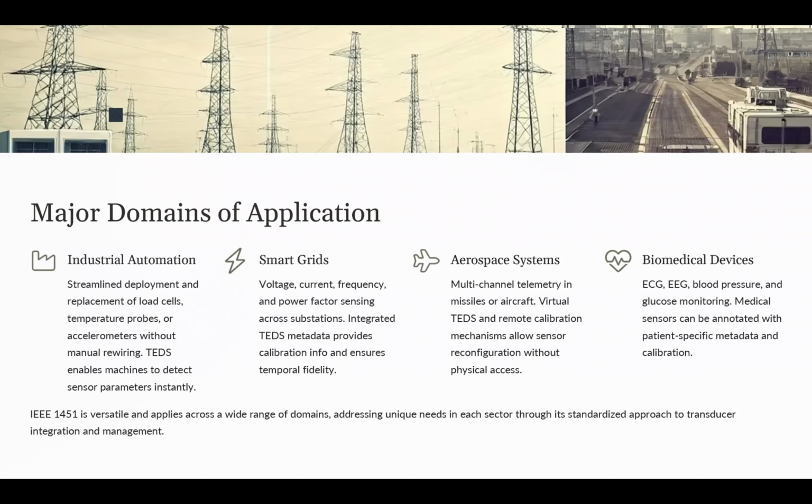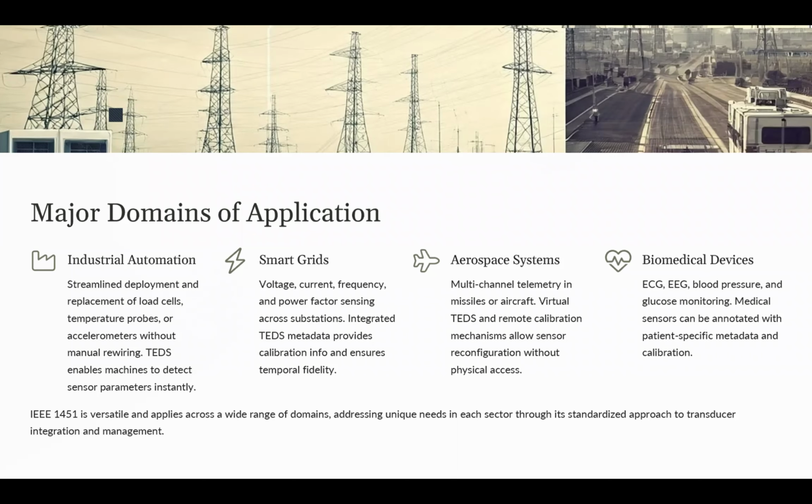We also have biomedical devices that use this standard to make sure that sensors like ECG, EEG, or blood pressure are annotated with patient-specific metadata. It provides precise calibration and enhances both the safety and the traceability within the system.